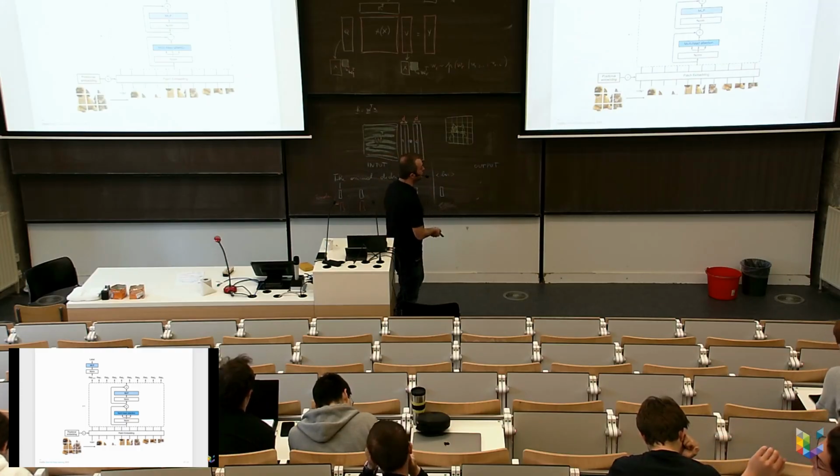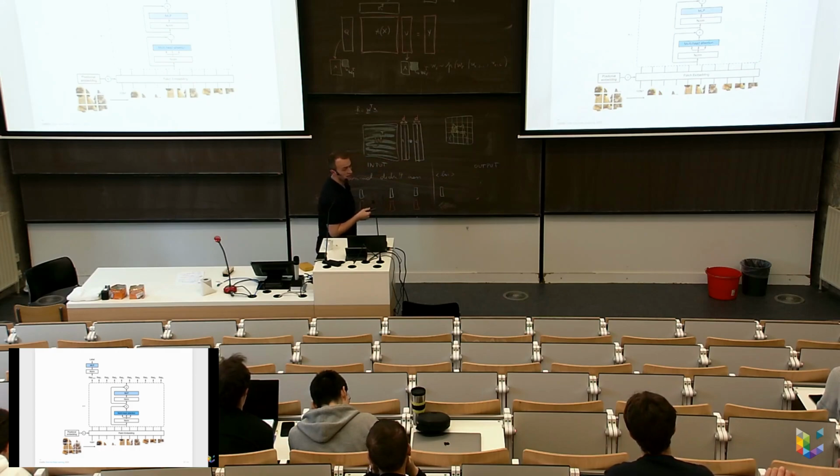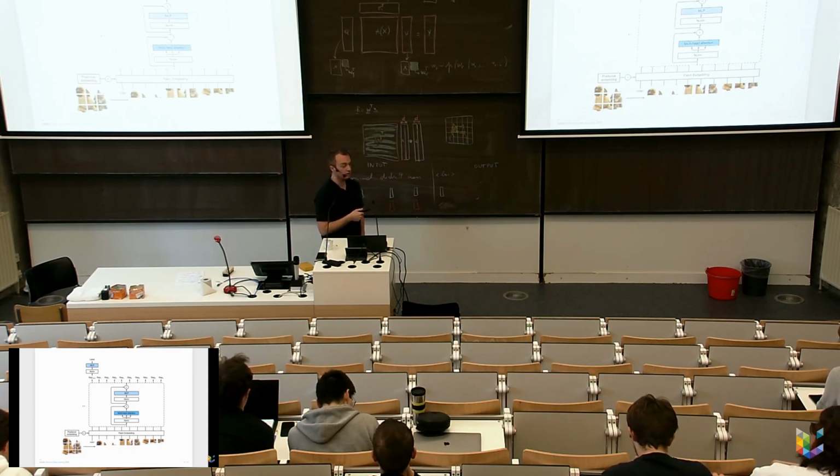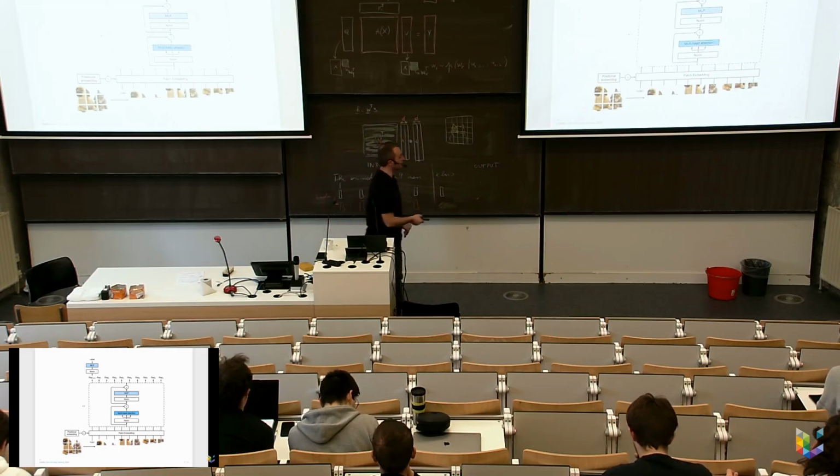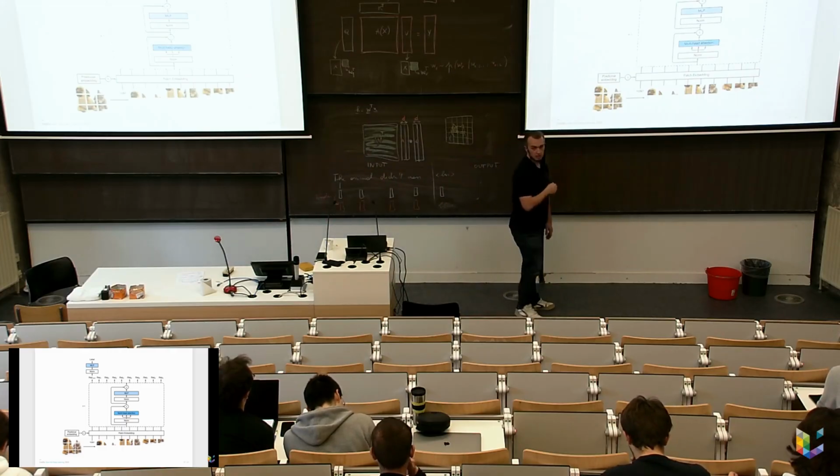And if you want, for example, to use that to classify an image, the trick is to say, in addition to the tokens representing the image, I will add a special token, which corresponds to a class token.